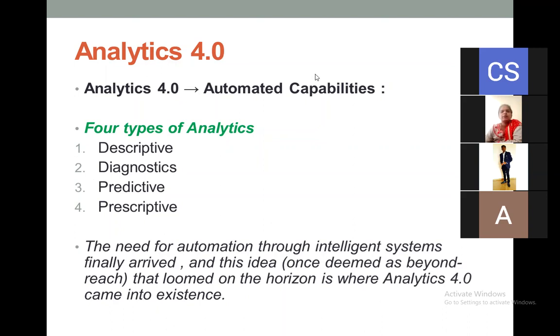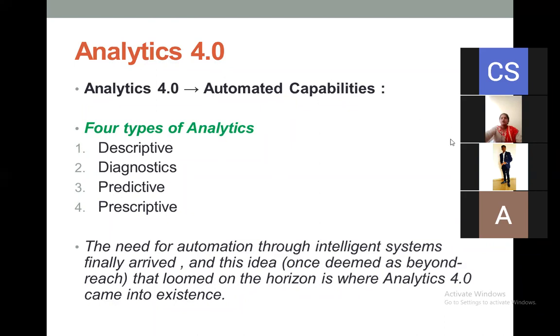The need for automation through intelligence systems finally arrived. Why are these intelligence systems needed? I think you have learned in MIS, Management Information Systems, that there are different types of information systems working at different levels of the organization: the MIS, the DSS, expert systems, and the executive information system, EIS.